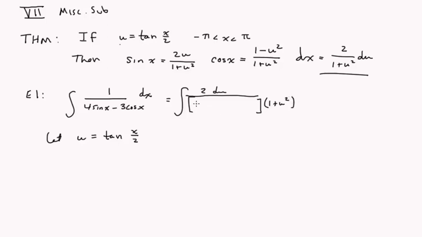So now 4 sine x becomes 8u over 1 plus u squared. That's because I made the substitution here. Minus 3 times 1 minus u squared over 1 plus u squared. Like that. Okay, let's continue on.